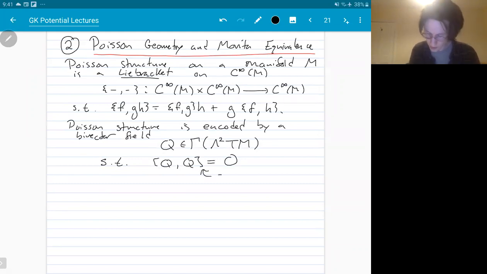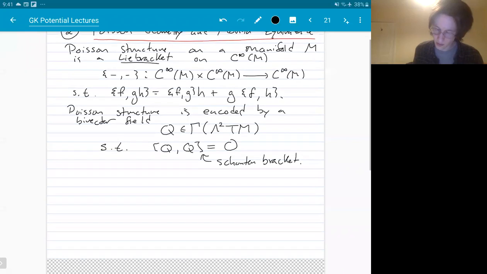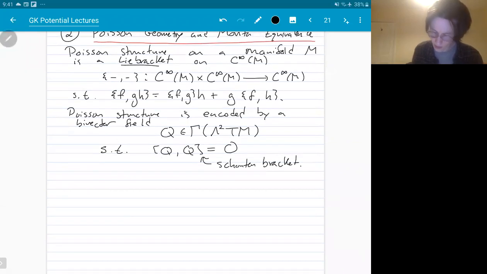The Schouten bracket is an extension of the Lie bracket on vector fields to multi-vector fields, and this condition is equivalent to the Jacobi identity. The bracket of two functions f and g is equal to Q of df wedge dg.